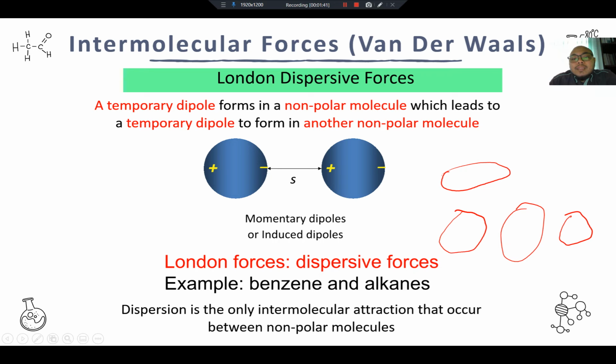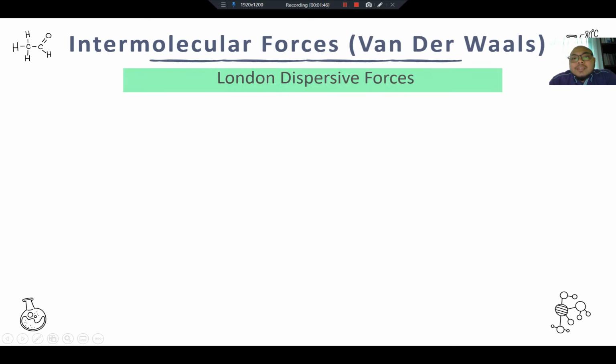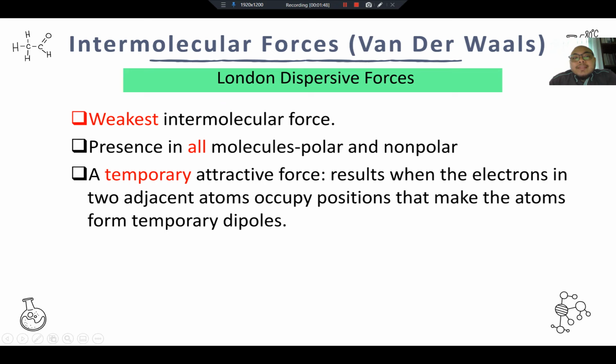This is the only intermolecular interaction that occurs between non-polar molecules. It is present in all molecules, polar and non-polar. Why do I say that polar molecules can also interact? For example, you have this position between two molecules.